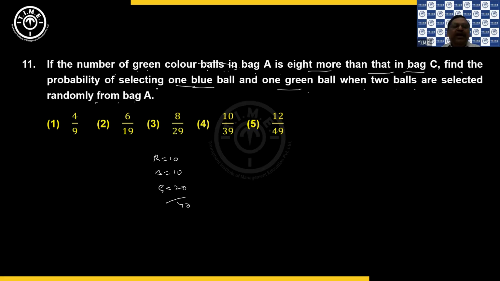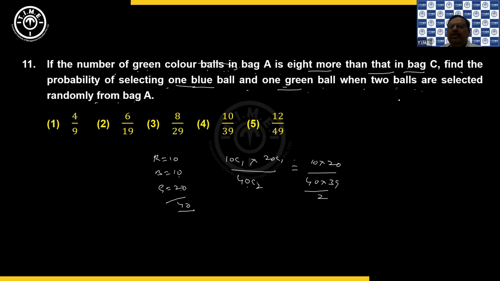Now, selecting one blue ball will be 10C1, and one green ball means 20C1, divided by, when two balls are selected, how many ways I can select two balls, 40C2. So friends, 10C1 is 10, 20C1 is 20, 40C2 will be 40 into 39 by 2.